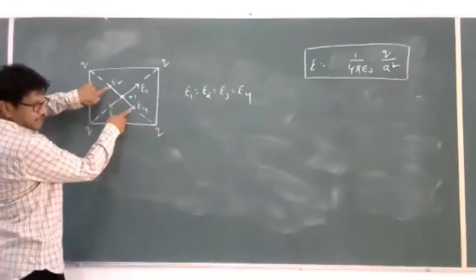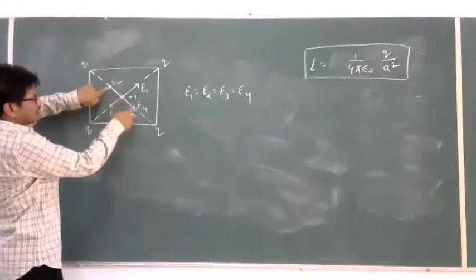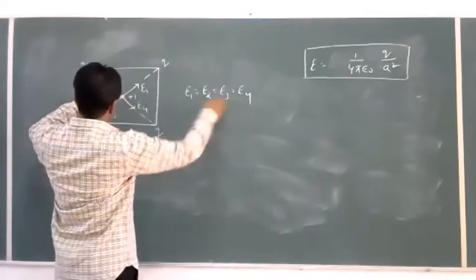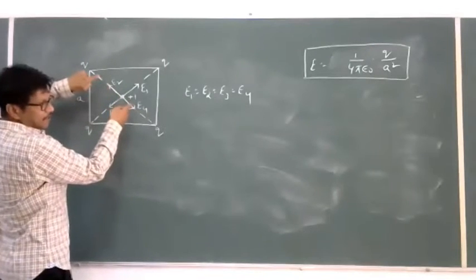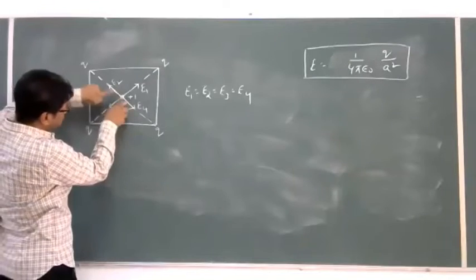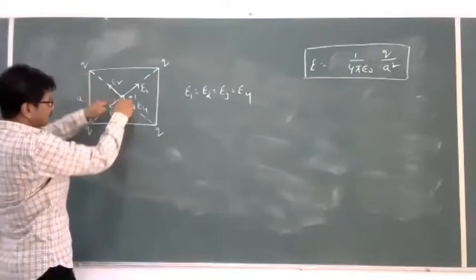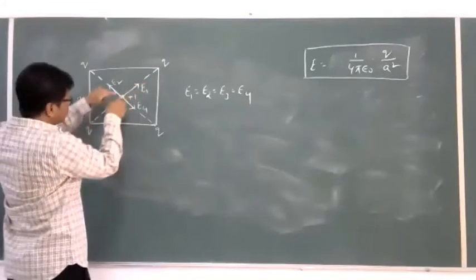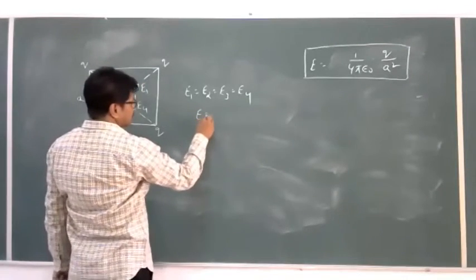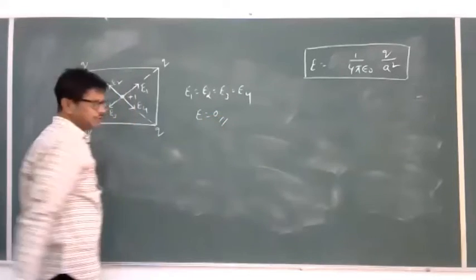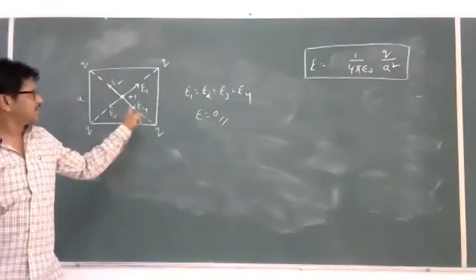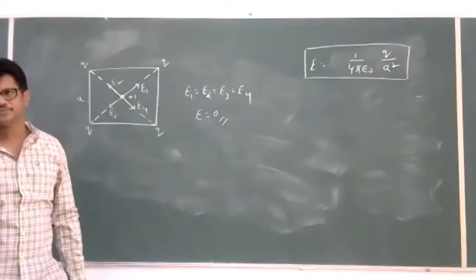If I take E2 and E4, again the same magnitude but opposite direction, so the resultant due to these two will also be 0. Then what is the resultant electric intensity at the center? 0.